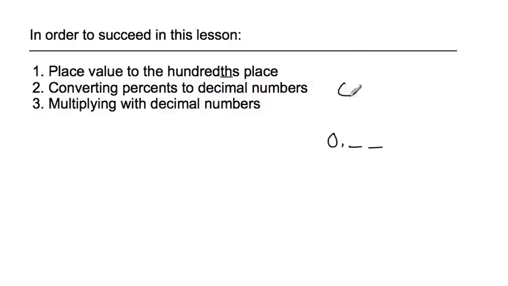So if I have something like 62%, I'm going to start writing my percent in the hundredths place, which is where the 2 goes, and then the 6 goes here on the tenths. So we have to be able to convert that, and that's what we're going to be doing for step 2 here. And then multiplying by that decimal is going to be key too. So we're going to have to remember how to multiply with a decimal number.